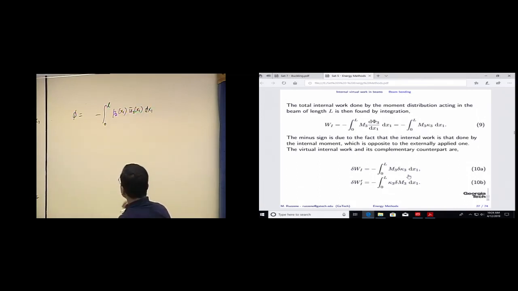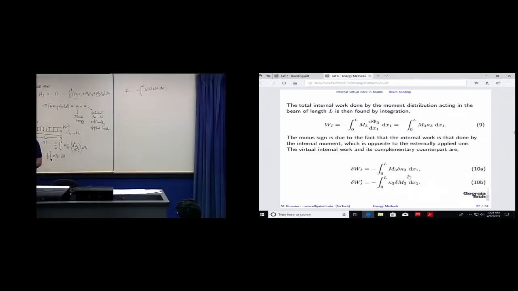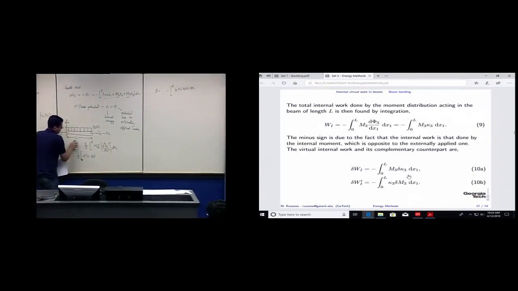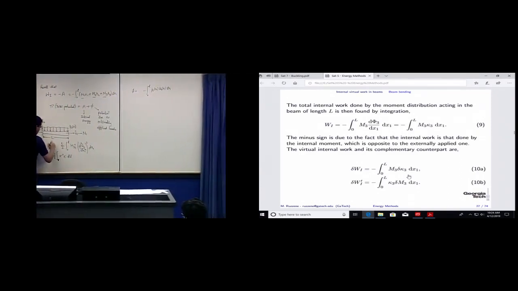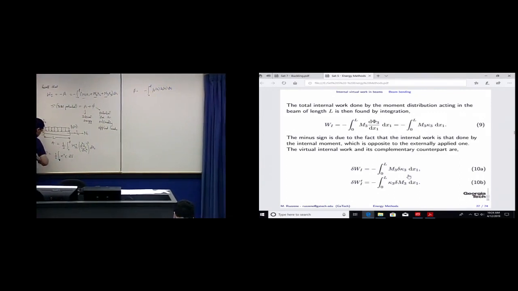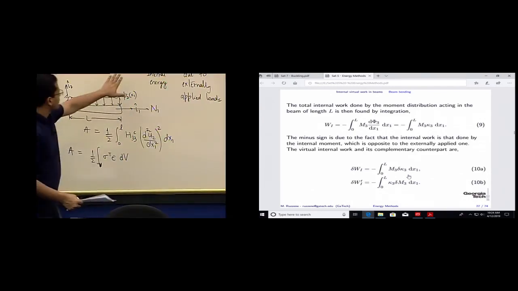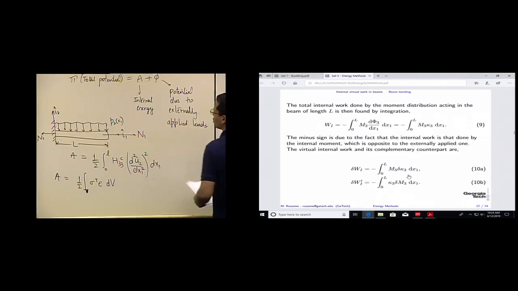Wait, so is it A equals that? Is it still pi or is it A? Because that's the internal. Oh yeah. So this is A. I started populating pi, but ran out of space on the board. So yeah, this is internal energy, and we will substitute this expression in the expression for total potential.